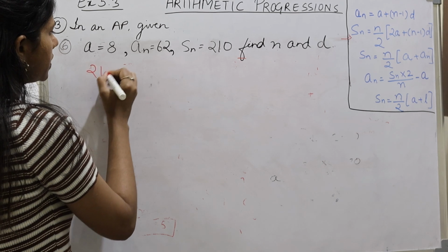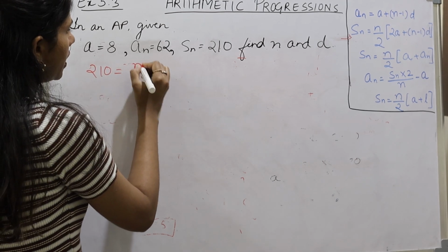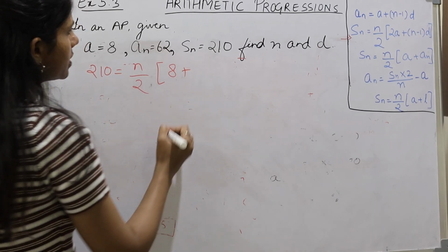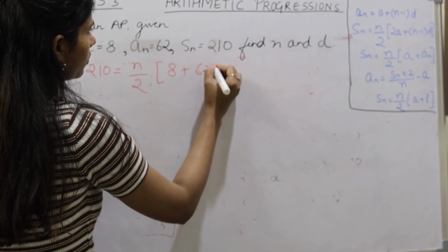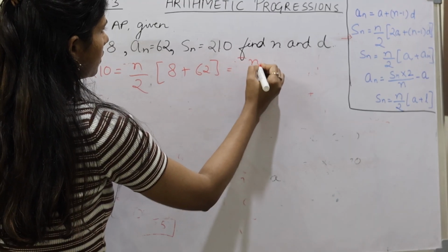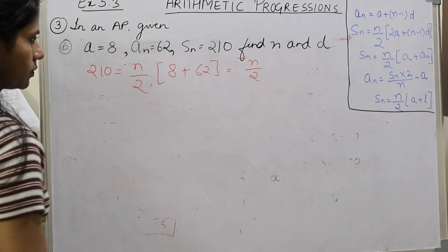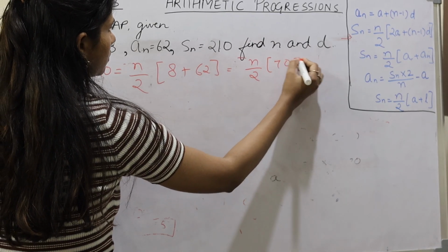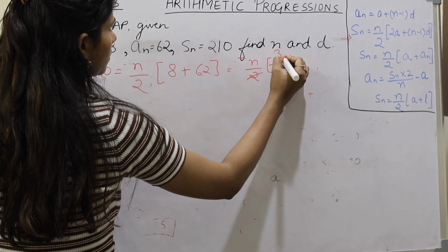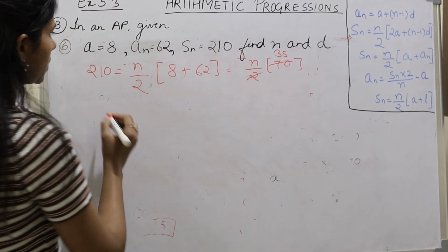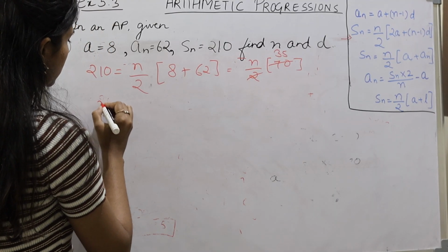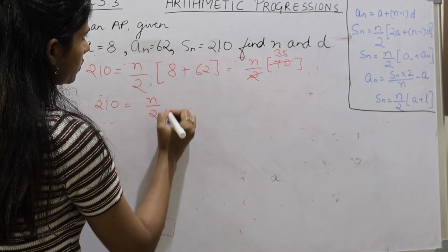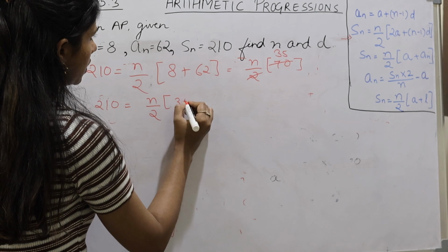So 210 equal to n by 2. A is 8 plus an is 62. Okay. So this will be 210 equal to n by 2, 70.